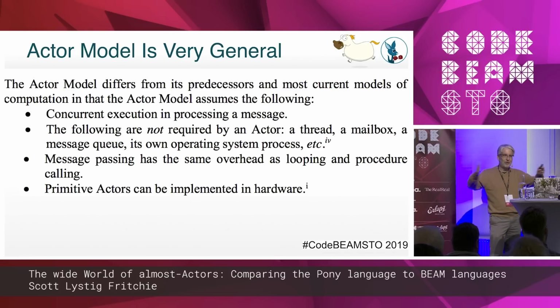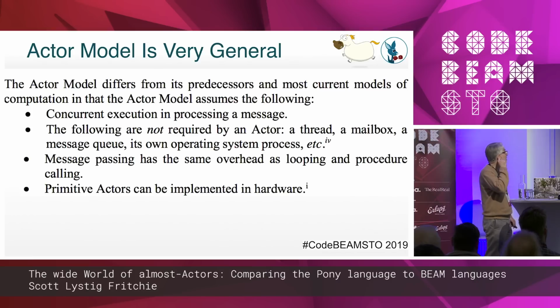It has like a 5-year publication range. He's updated this document like 30-some times. But here, point number 2 is really interesting. The following are not required by an actor: a thread, a mailbox, a message queue, its own operating system process, etc. So we're used to thinking that the notion of mailboxes and queuing is part of an actor model, and Hewitt and collaborators are aiming at a much more general notion.